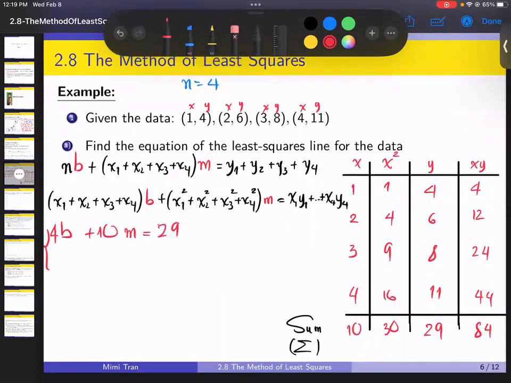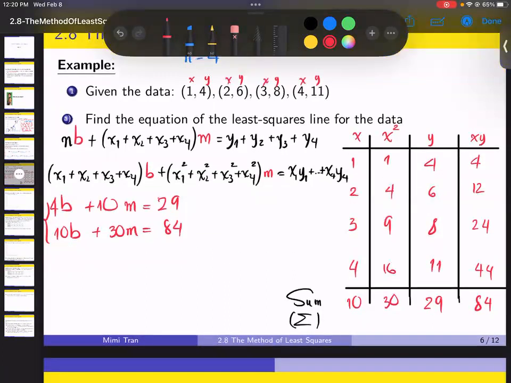And then the second one, sum of x times b, which is 10b, plus the sum of all the squares, which is 30, times m, equal the sum of all the products, which is 84. So that's okay. It's a very simple process. It's just a lot of numbers, but they're simple.